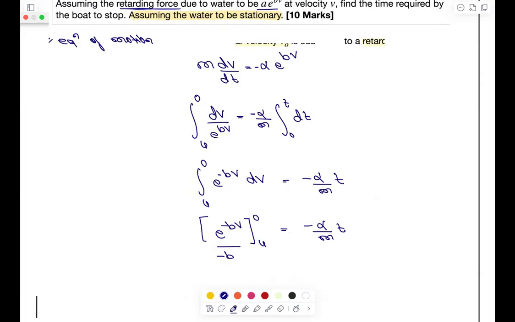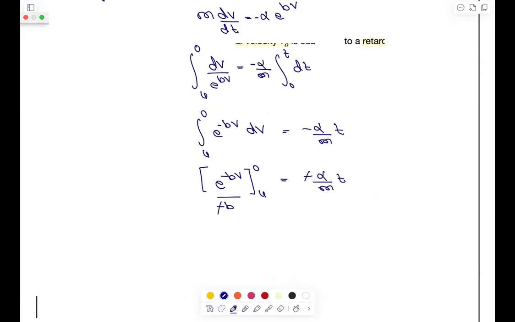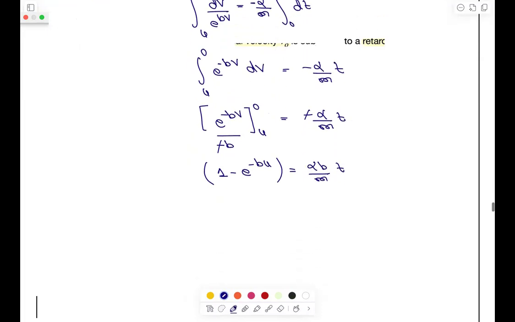So minus and minus will cancel from this side. So if you put limits, it will be 1 minus e to the power minus bu here, and here b will come upper, alpha b by m into t. So here you can simply write that t is equals to m upon alpha b, 1 minus e to the power minus bu.